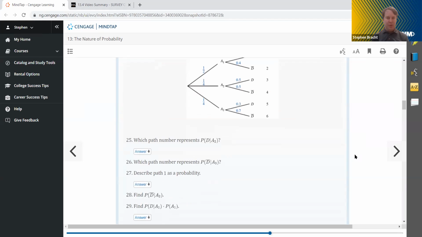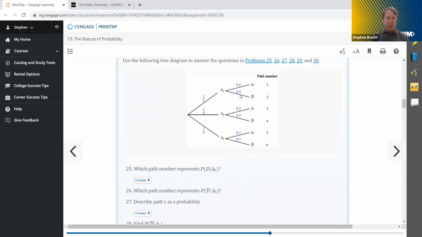Then we come down here, find the probability of D given A1 times the probability of A1. The probability of D given A1, well, here's A1 and here's D, so that probability is 0.6. And the probability of A1 just by itself is 1/2. It's over here.